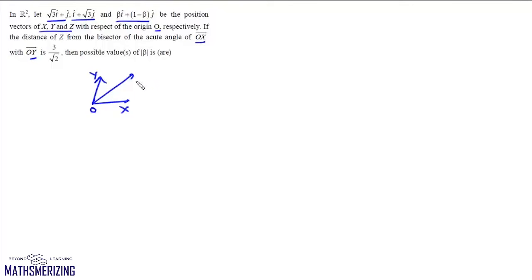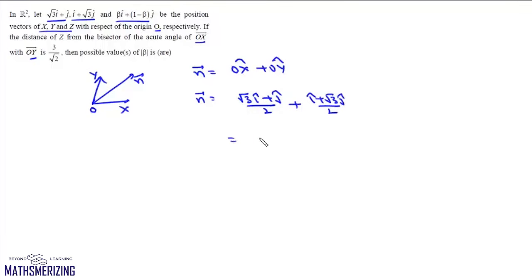Now we know that the direction of the angle bisector of OX and OY will be given by OX cap plus OY cap. Now OX cap is (root 3 i plus j) upon 2, and OY is (i plus root 3 j) upon 2, which is (root 3 plus 1) by 2 times (i cap plus j cap).